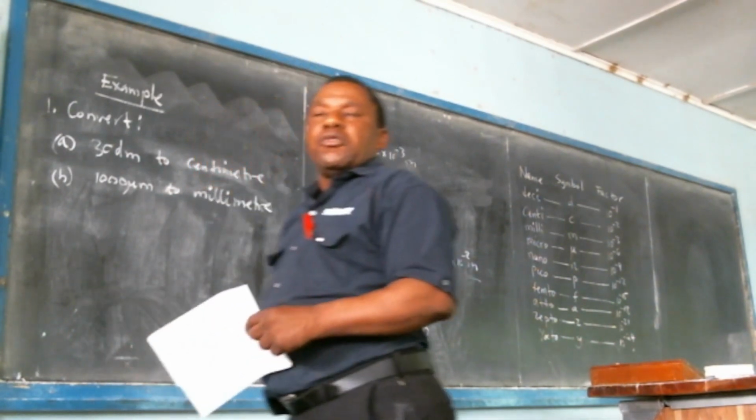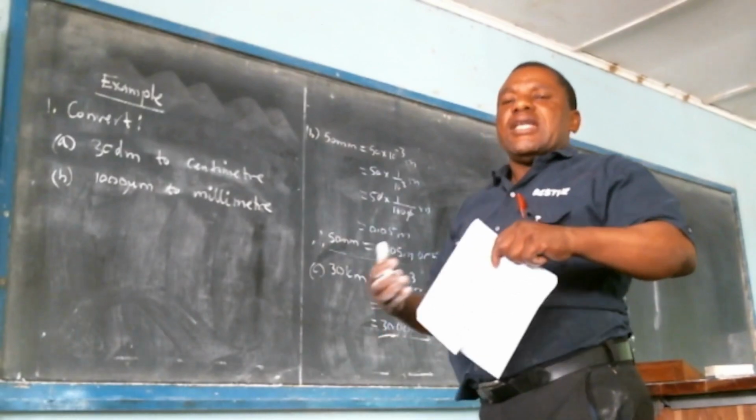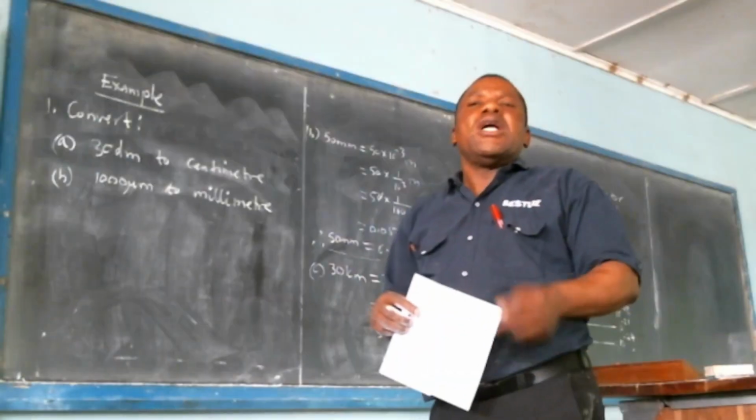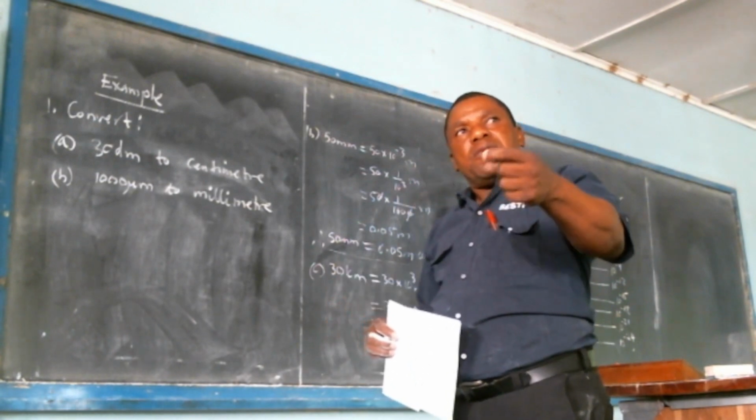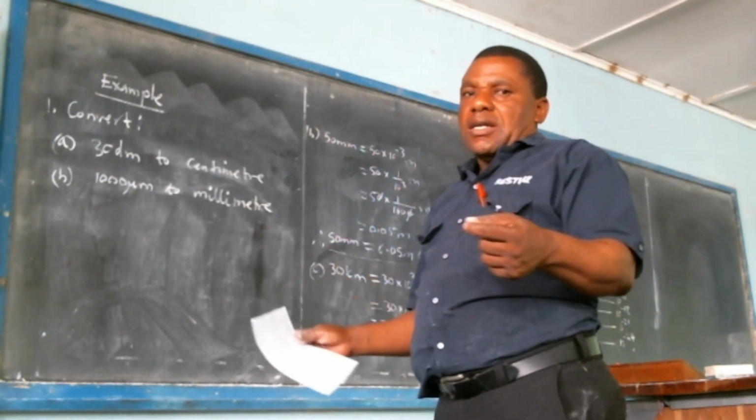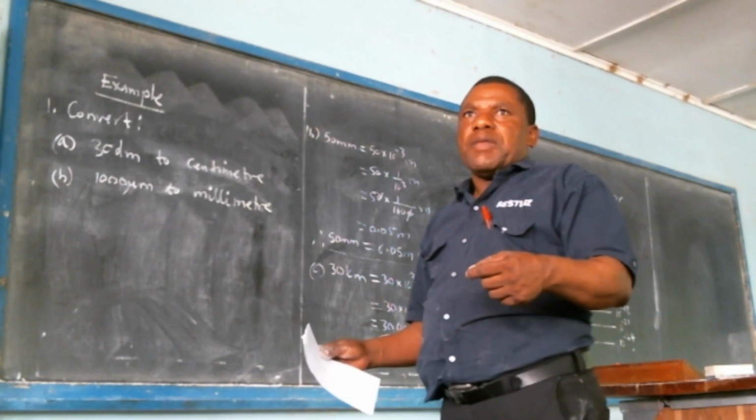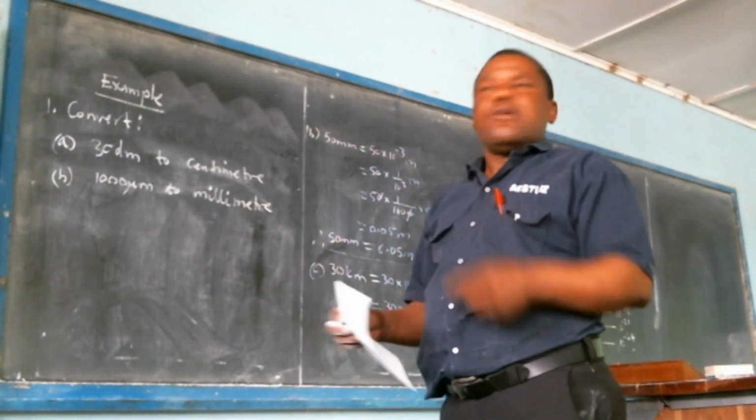So we have these two examples, which will stand as a standard example on how you can move from one given prefix to another, whether being a multiple or a submultiple.